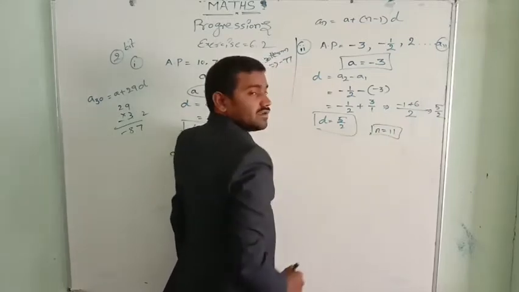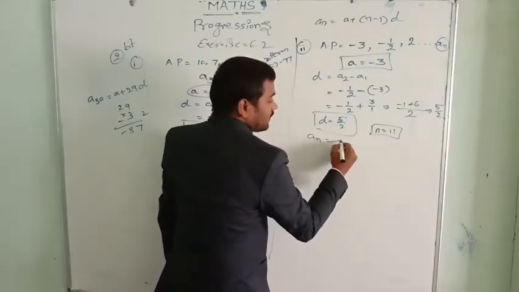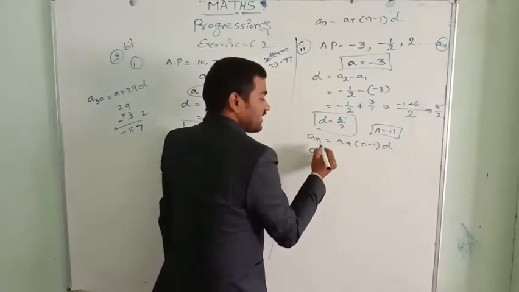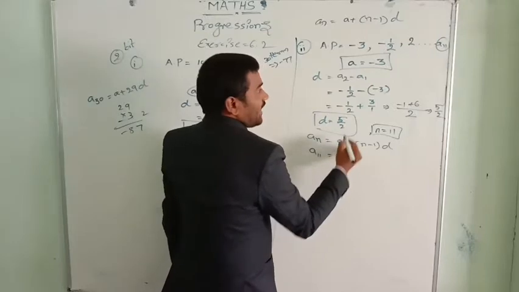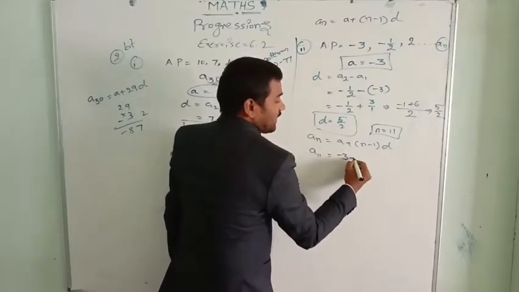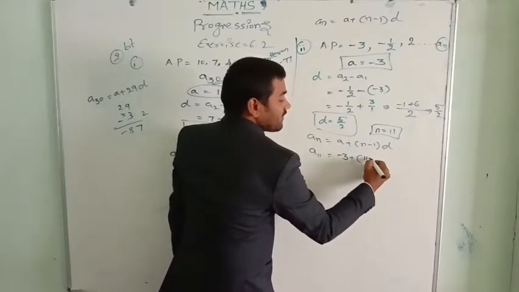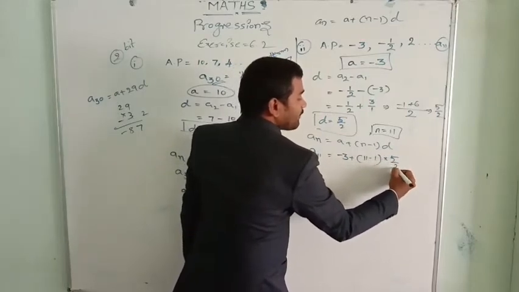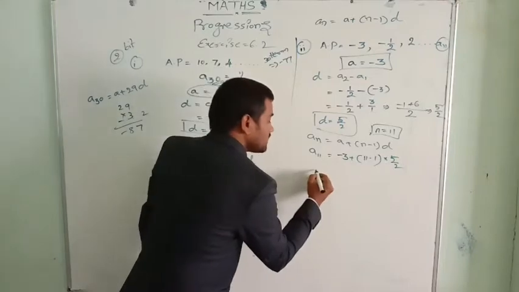N equals 11. So An equals A plus N minus 1 into D. Here A11, N equals 11, that equals A, which is minus 3, plus N, that is 11 minus 1, into D, which is 5 by 2. Let us solve this.